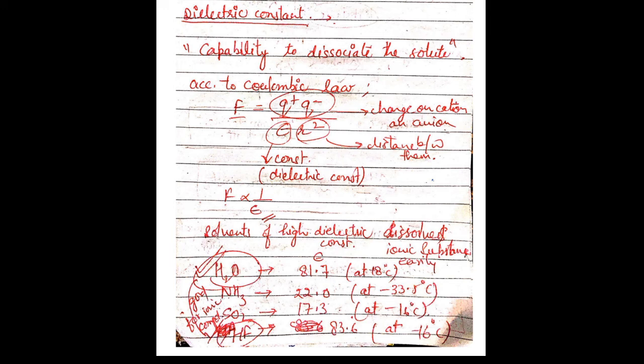Ammonia is 22 and the value of SO2 is 17.3. So the dielectric constant is quite small. That's why they show a decreased tendency to dissolve ionic compounds, especially those containing multi-charged ions. For example, carbonates, sulfates and phosphates are practically insoluble in ammonia and liquid sulfur dioxide.